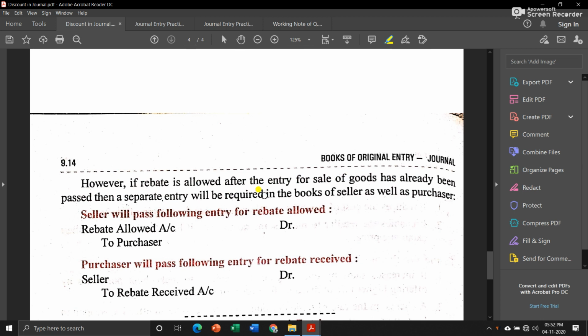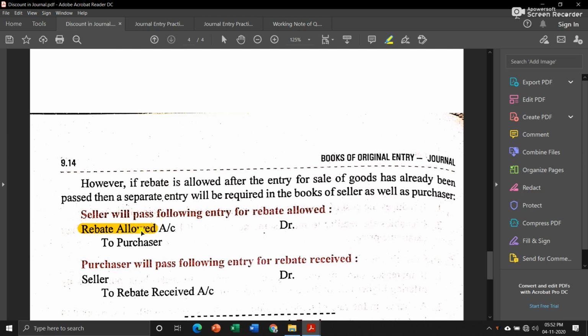Now suppose you have sold the goods, you have made the entry in your books, and after that something comes up and you are supposed to give rebate, then you have to pass a separate entry. The seller will pass the following entry. Suppose you are the seller, then you have to pass this entry: rebate allowed, because it is your expense or loss.